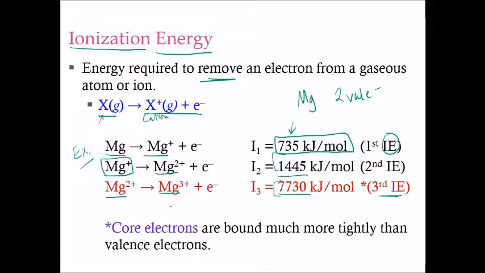Why is that? Because when you get to that third electron, you're now ripping electrons away from the core section, not the valence. The valence ones are easier to lose because they're not held on as tightly by the nucleus. The core ones, though, are bound more tightly. There's a stronger force of attraction, so it's a lot harder to remove them. And when you create Mg2 plus, you're creating the noble gas configuration.